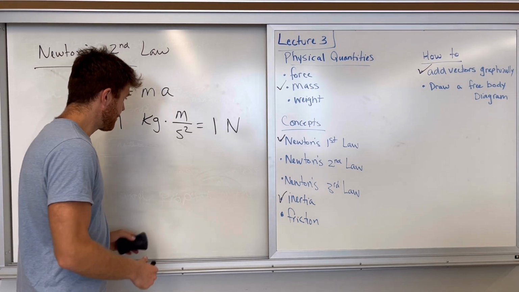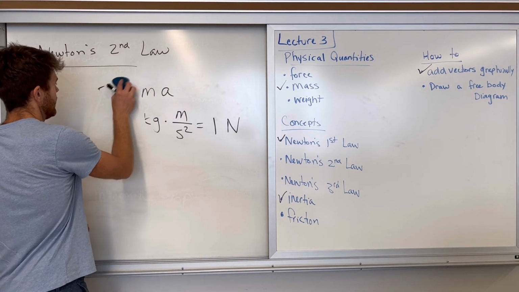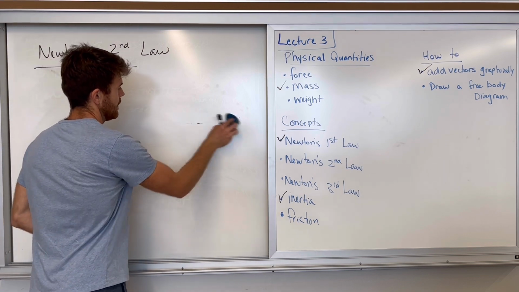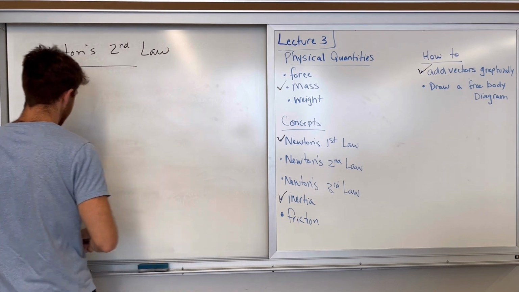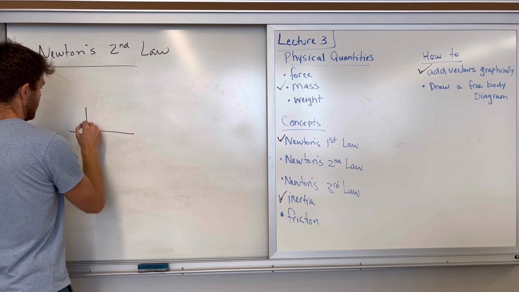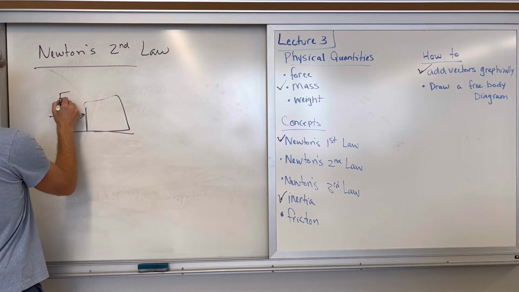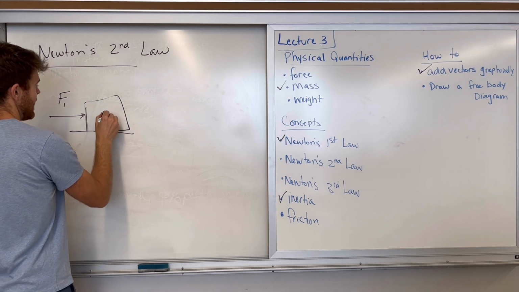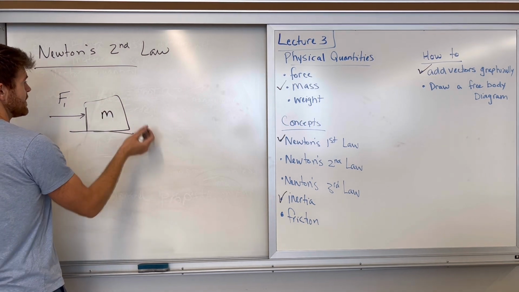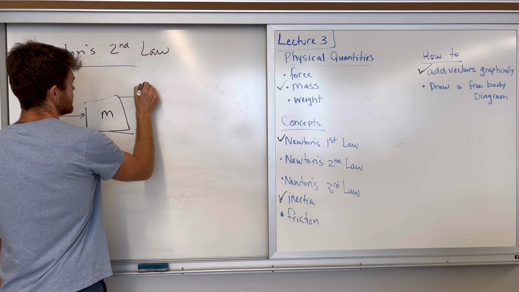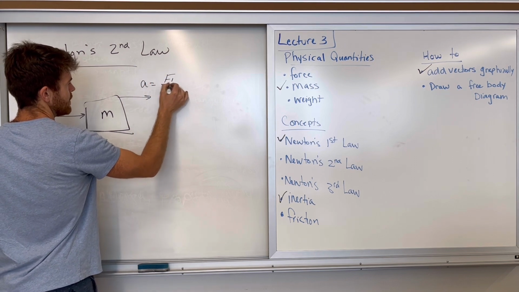And so, if we look conceptually, if we have an object, and we exert one force, F1, on it, and it has a mass m, it's going to experience an acceleration in this direction that's equal to F1 divided by m.